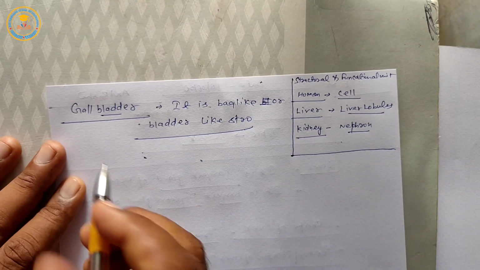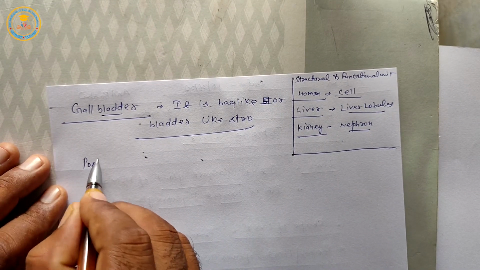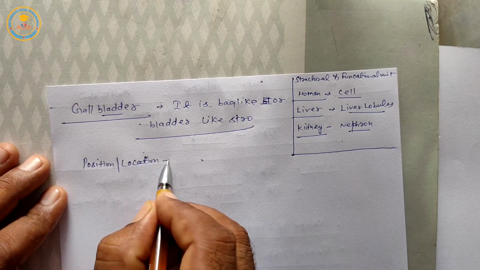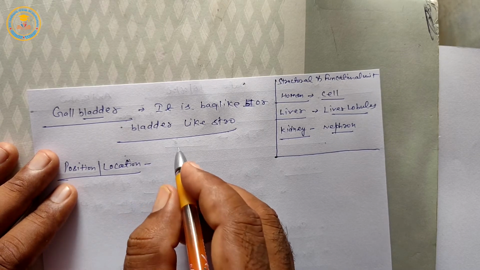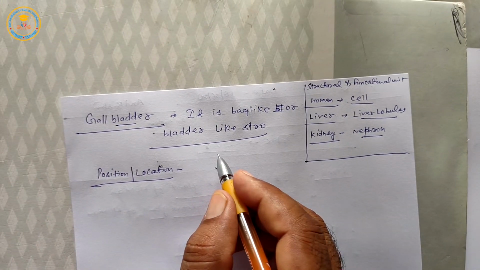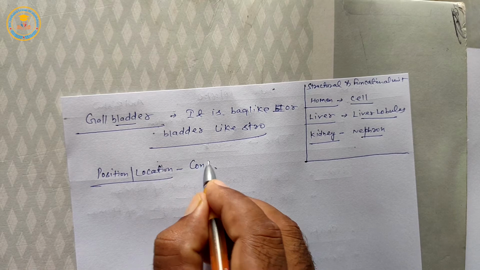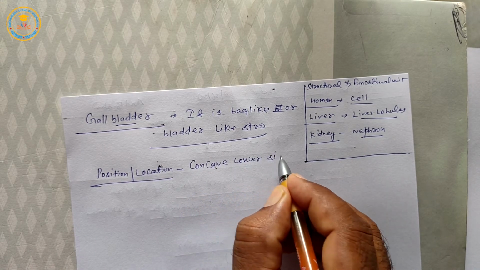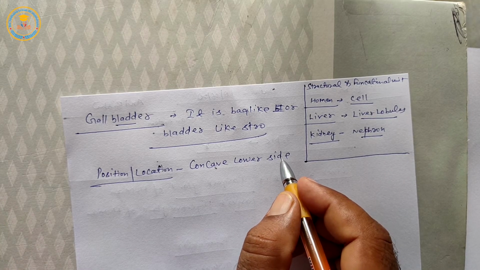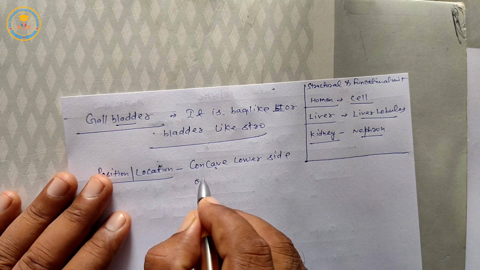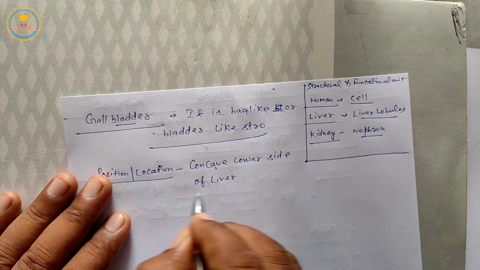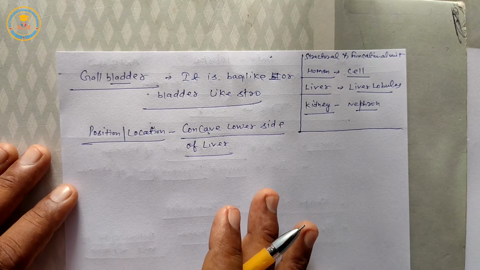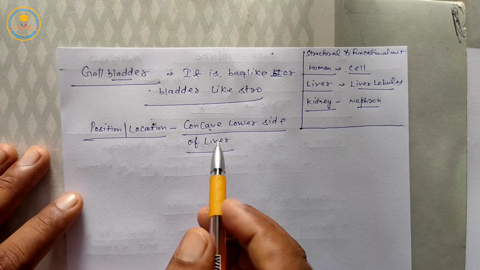Next, the position or location of gallbladder is the concave lower side of the liver. It means the gallbladder is located in the concave lower side of the liver.